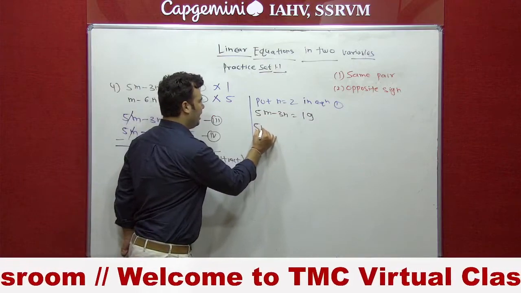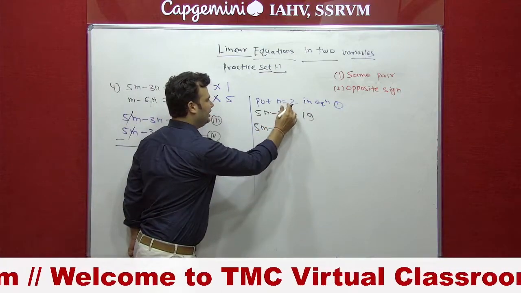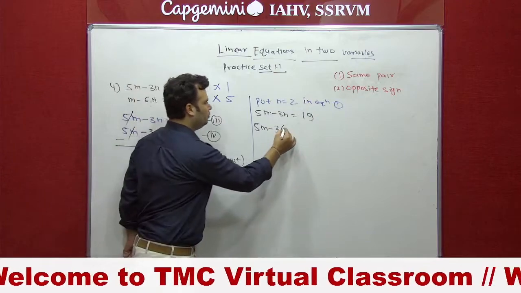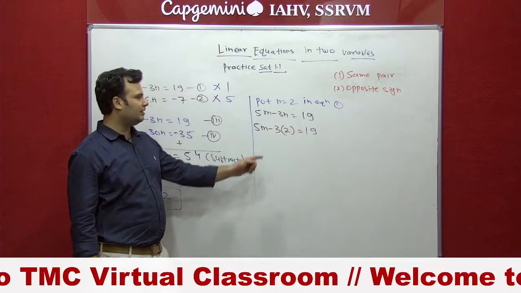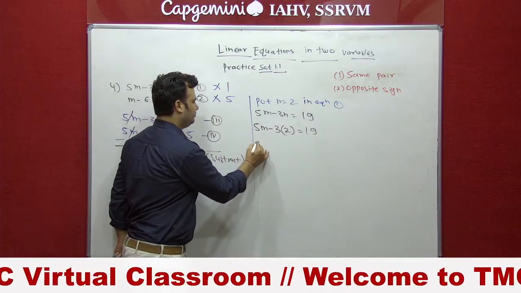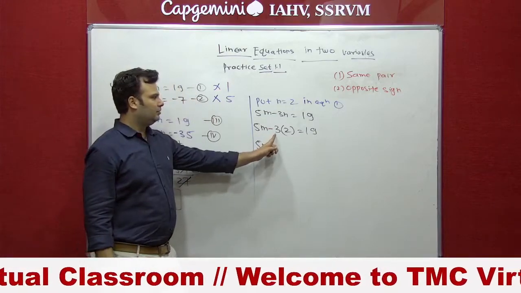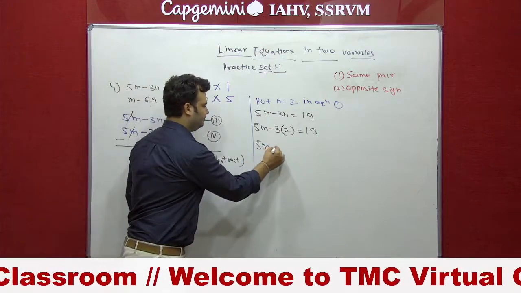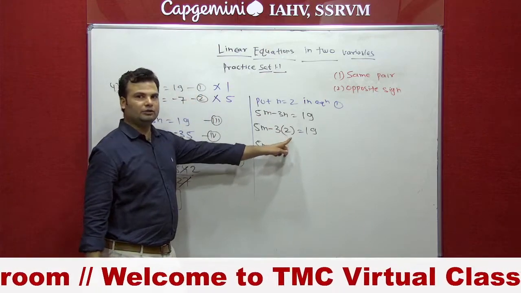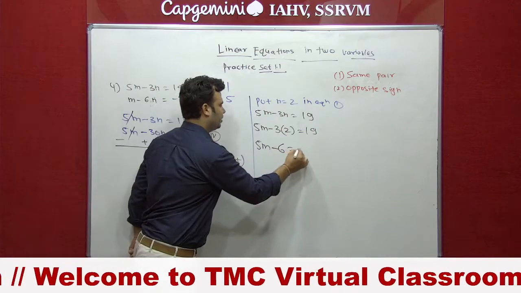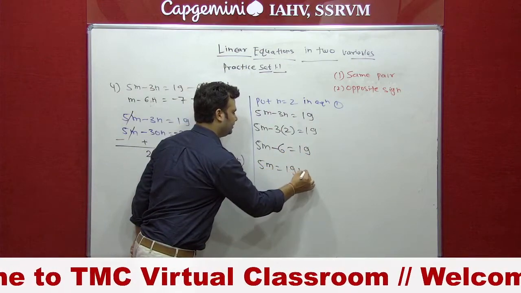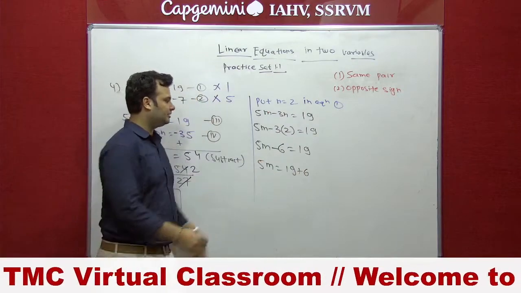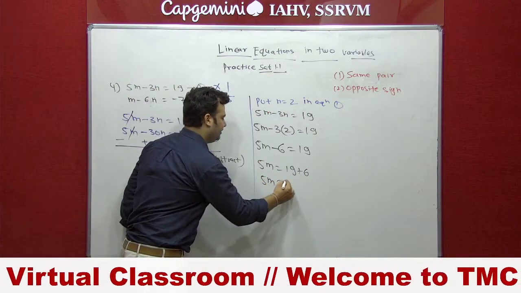So 5m minus 3 times 2 equal to 19. Simple calculation now. 5m minus 6 equal to 19. Minus becomes plus, so 5m equal to 19 plus 6, so 5m equal to 25.